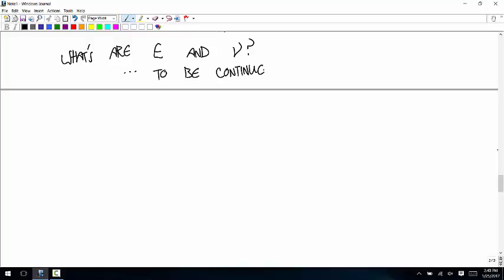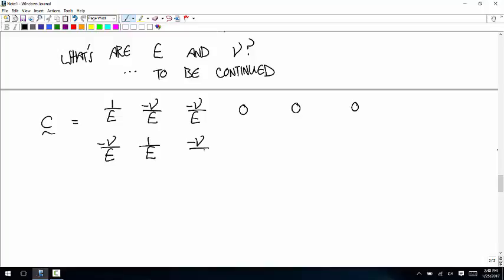Once you know those values, the compliance matrix, the one we're going to use more often, has this form. 1 over E, negative nu over E, negative nu over E, and then 3 zeros. Then that 1 over E just keeps moving across, one by one across these normal elements. So we have negative nu over E, 1 over E, negative nu over E, and then 3 zeros.